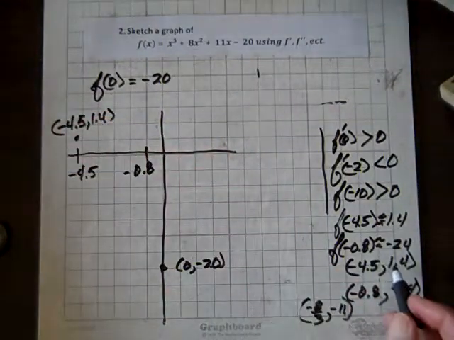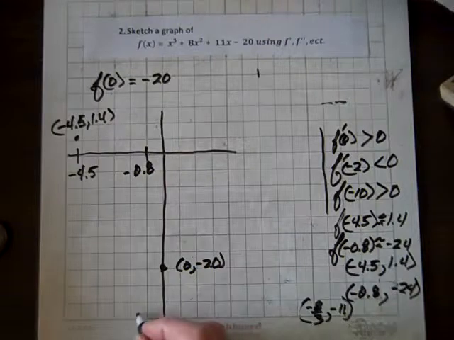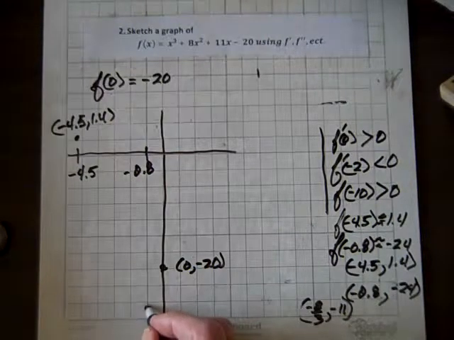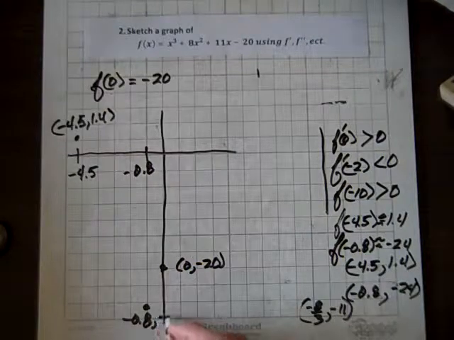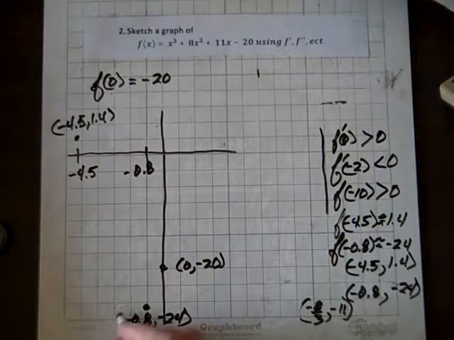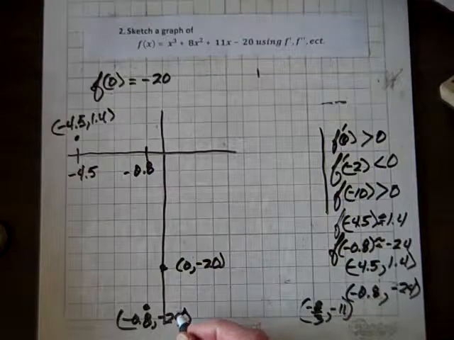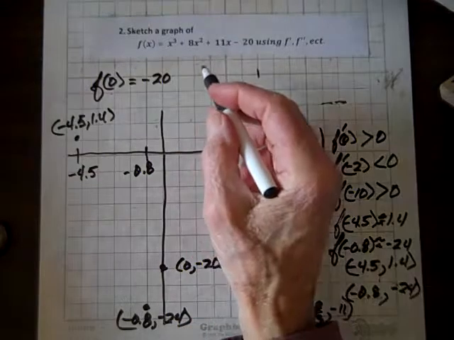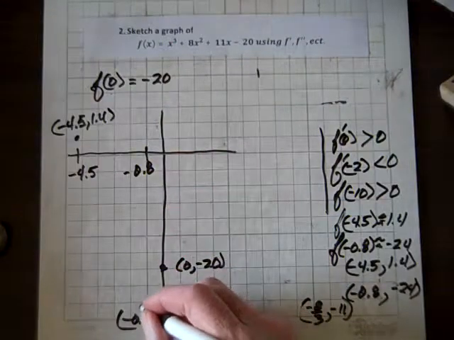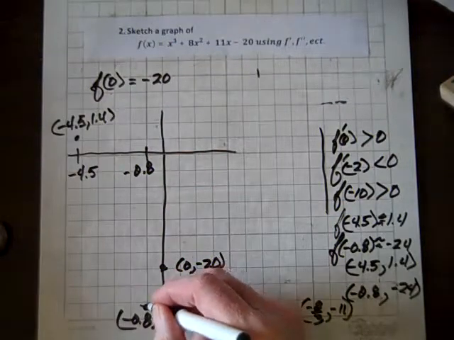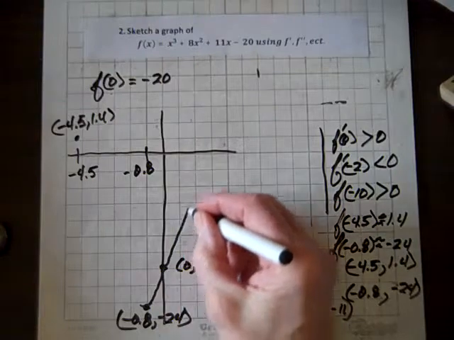And we've got a min at negative 0.8 and negative 24, the y-coordinate. And the right end behavior is up because our leading coefficient is positive. So I think we can graph away.